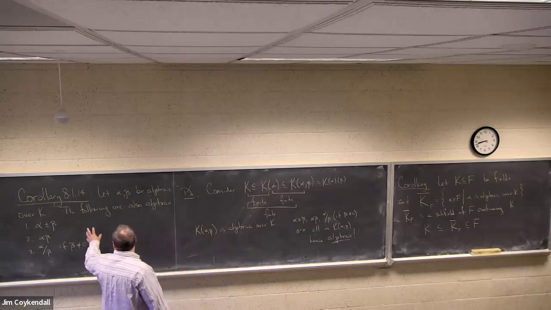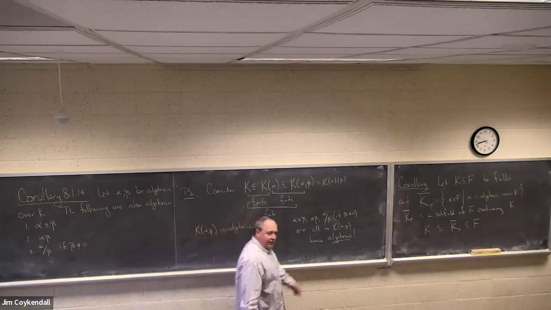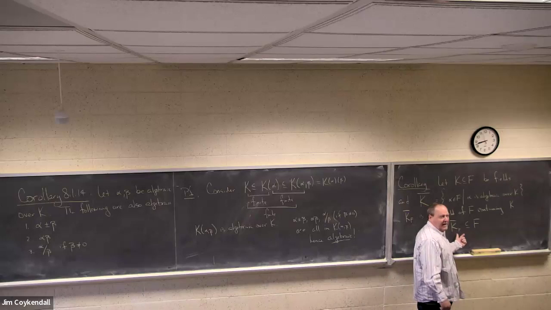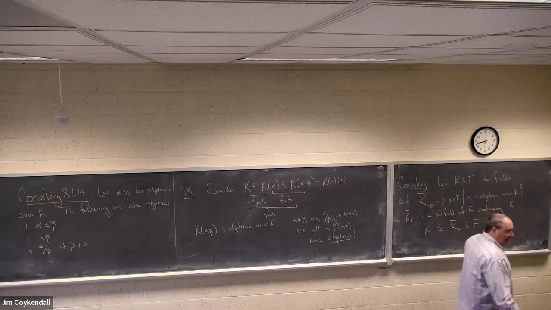Well, precisely because of this here. Because if you have two algebraic elements, it's closed under addition, negative signs, it's closed under multiplication. And actually it's closed under division as well, as long as they're not divided by zero, so it's a subfield.